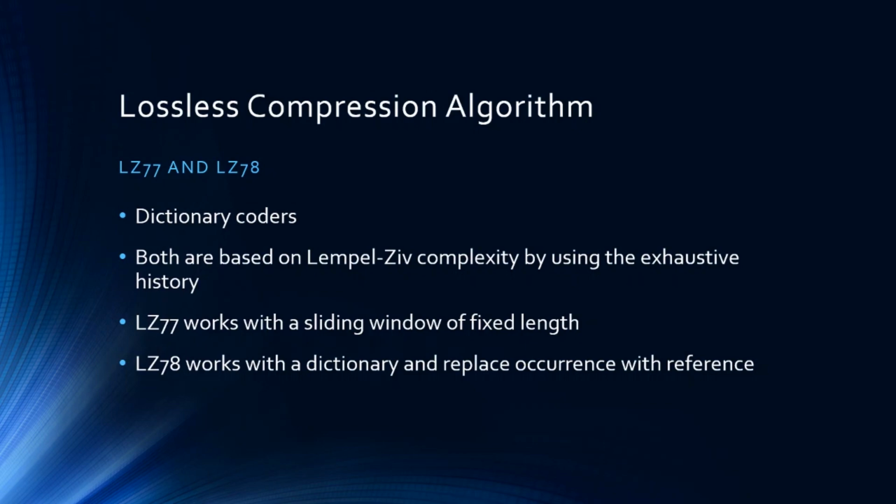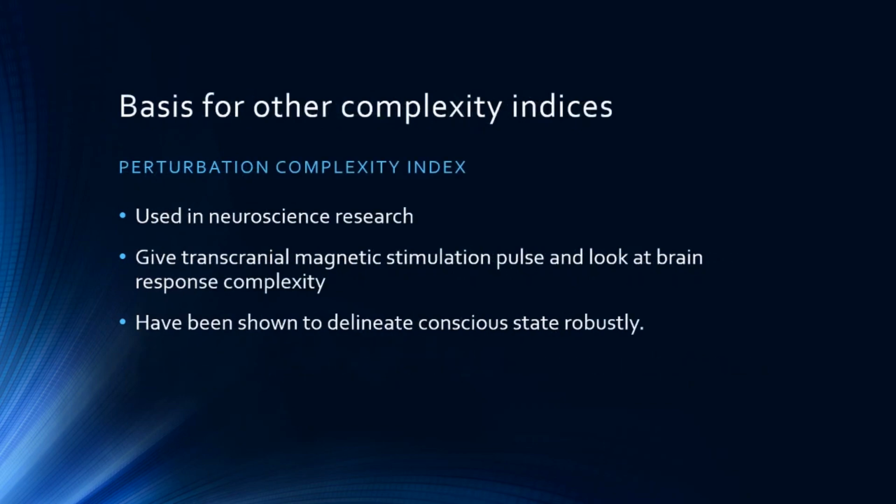This was really important for practical purposes, but Lempel Ziv complexity was also important for making other types of complexity measures. One of them is the perturbation complexity index, and it's in a totally different field: neuroscience research. Basically, it's a measure to find how complex the brain response is given a stimulus. Let's say we give a transcranial magnetic stimulation pulse, a TMS pulse, to the brain.